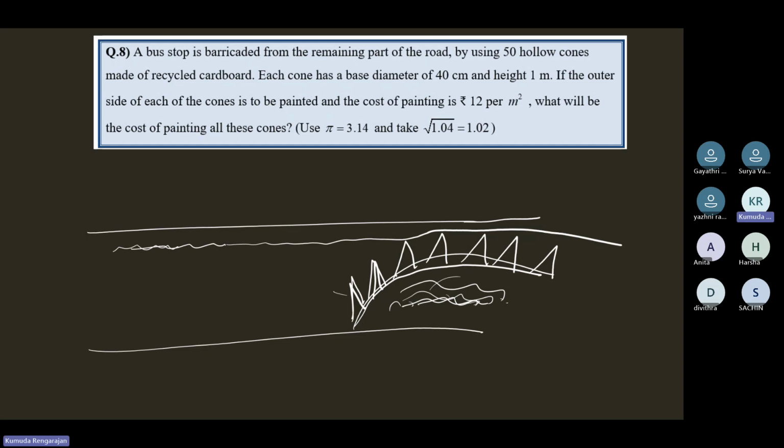So a bus stop is barricaded, separated from the remaining part of the road by using 50 hollow cones. Hollow meaning the base of the cone is open. The material is used only here. Here there is no material. When you lift the cone and see under it, this part is open. You can look inside the cone.